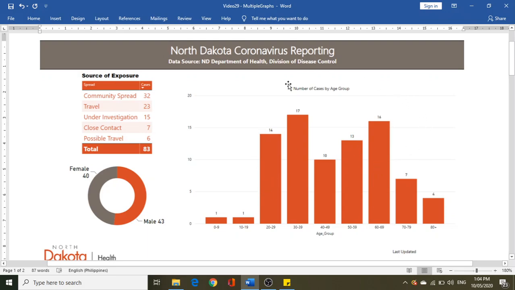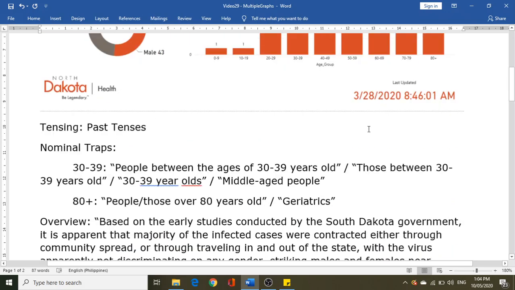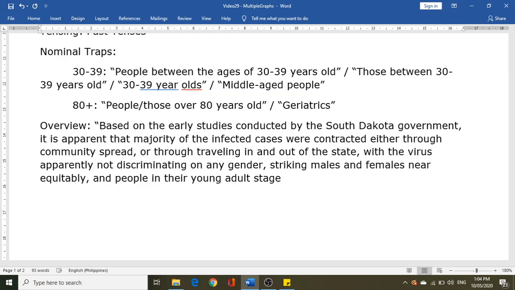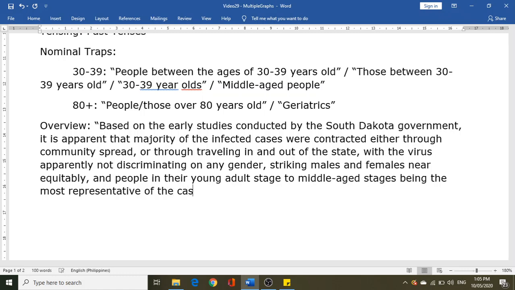So maybe we can mention that mostly people from their 20s to their 70s, and people in their young adult stage to middle aged stages being the most representative of the case counts.